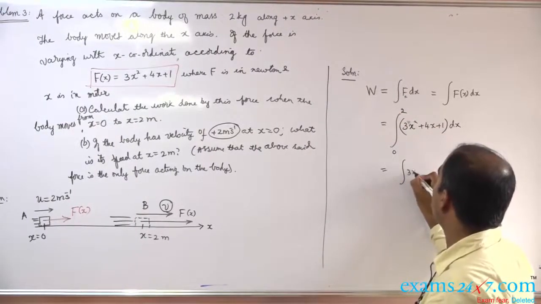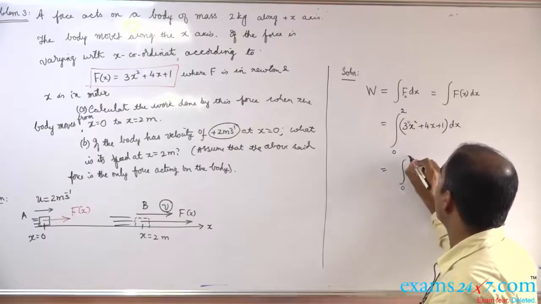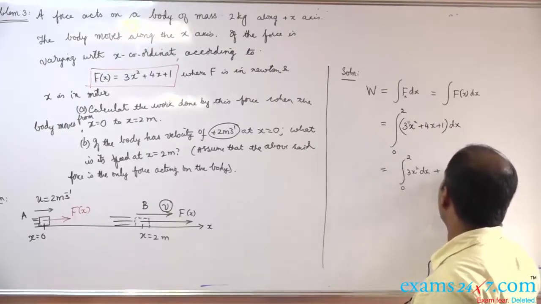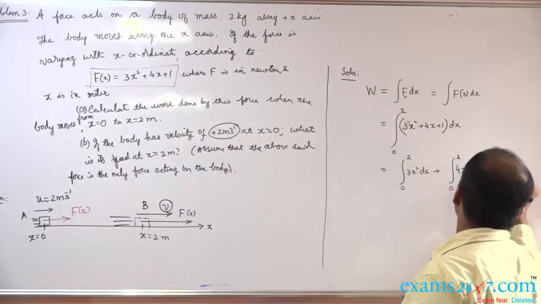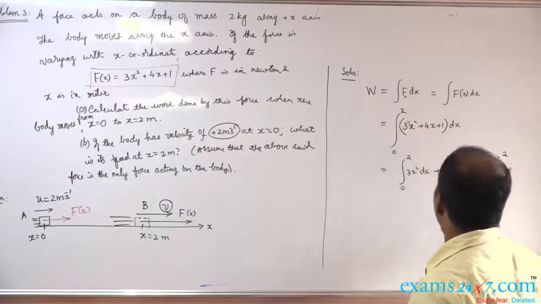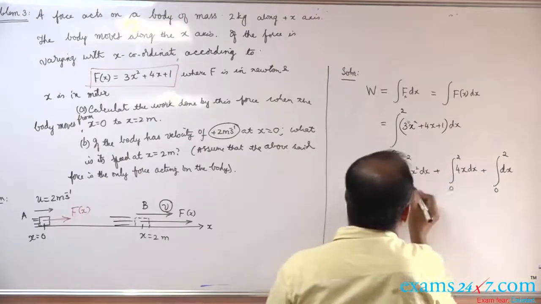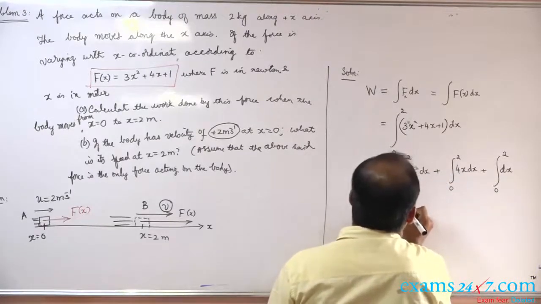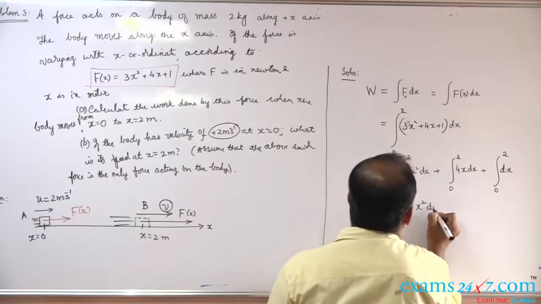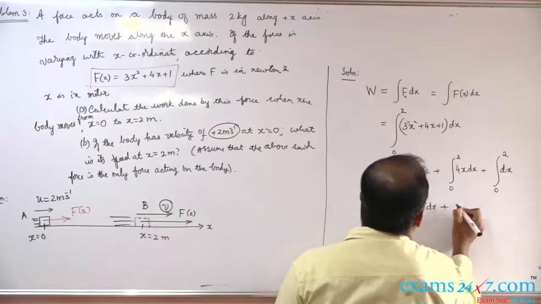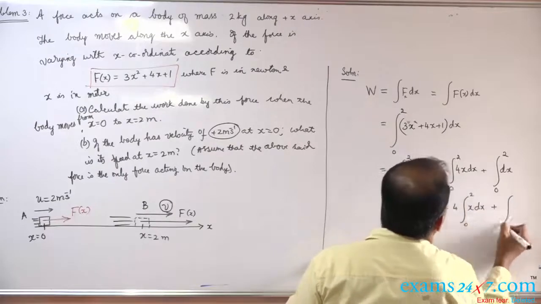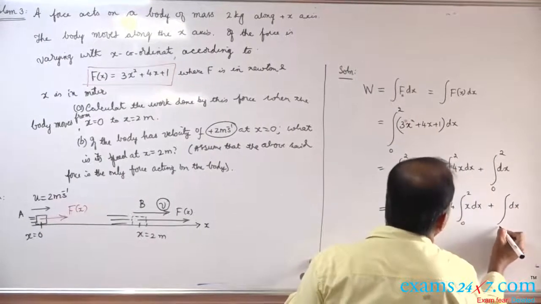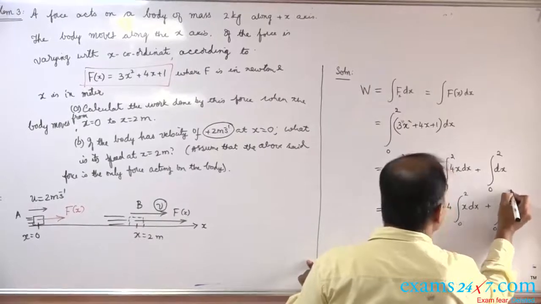So integral of 3x square dx between 0 to 2 plus integral of 4x dx between 0 to 2 plus integral of 1 dx, or simply dx, between 0 to 2. And here it is very easy. In 3x square, 3 comes outside, integral of x square dx between 0 to 2, plus 4 comes outside, integral of x dx between 0 to 2, plus integral of dx between 0 to 2.